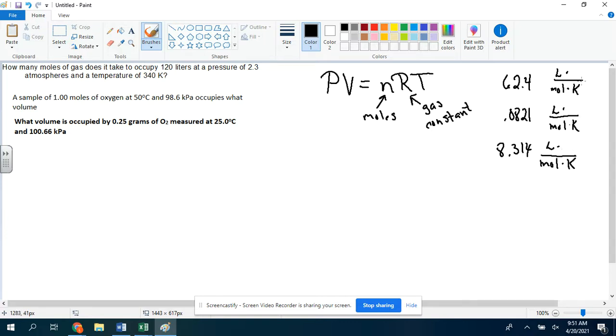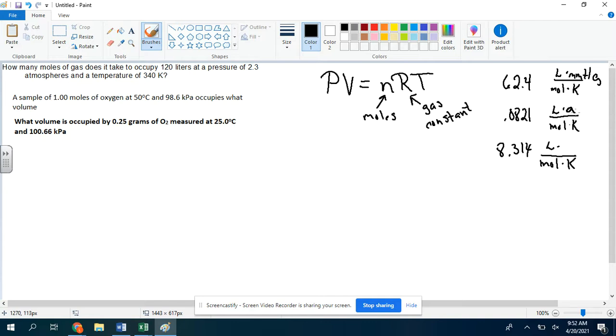The only thing different is the pressure units. So you're actually going to be able to pick which gas constant you want to use in your formula based on the units of pressure. So this top one is mmHg, right? That's one of our pressure units.